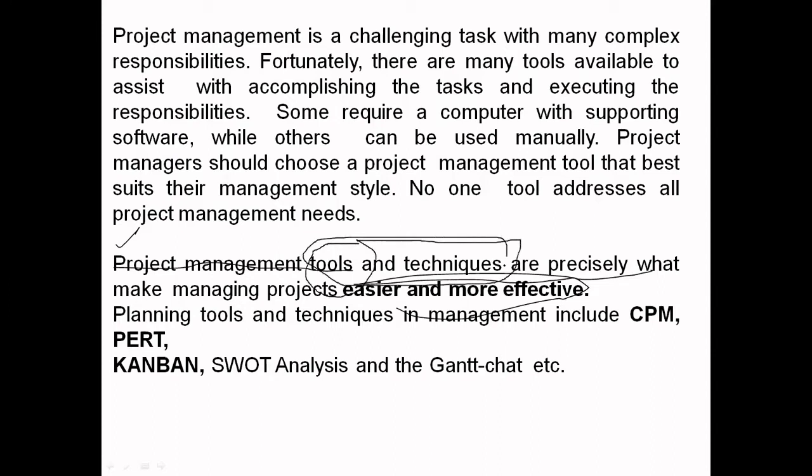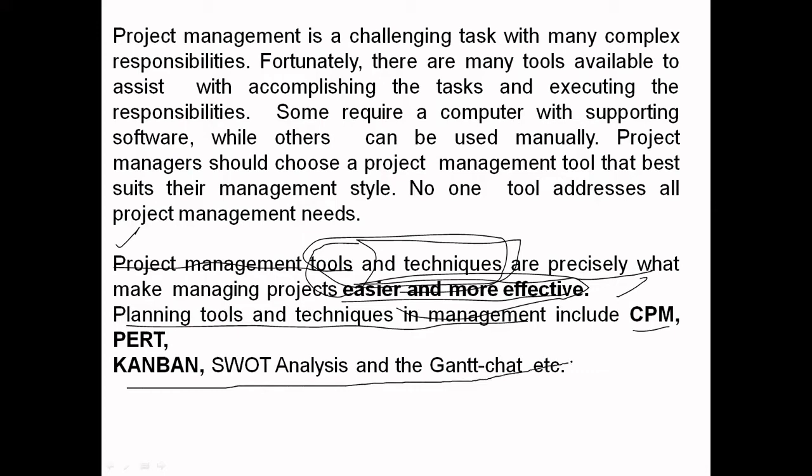There are tools and techniques we use to make projects much easier and more effective. They are CPM, PERT, Kanban, SWOT analysis, and Gantt chart. Various techniques we have: CPM, PERT, Kanban, SWOT analysis, and Gantt chart.